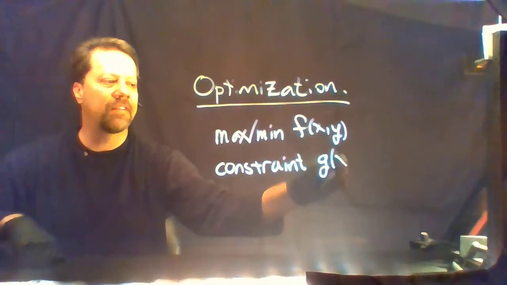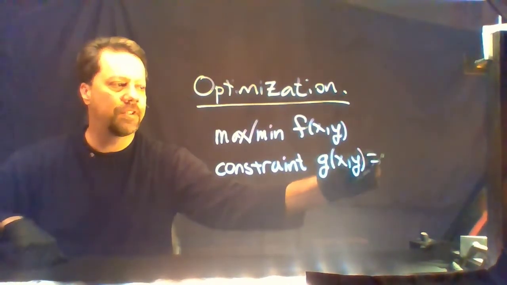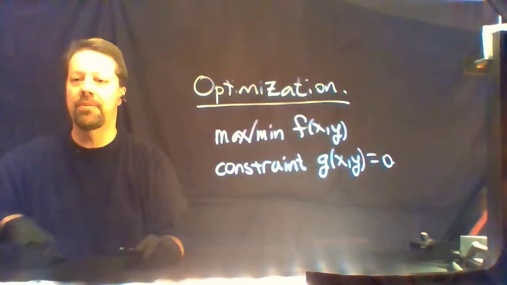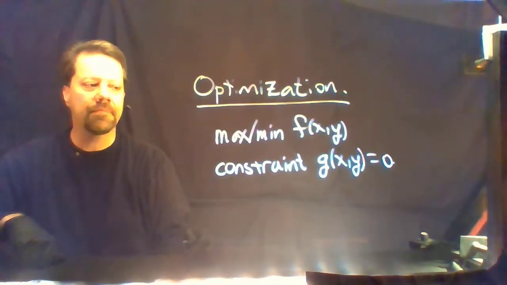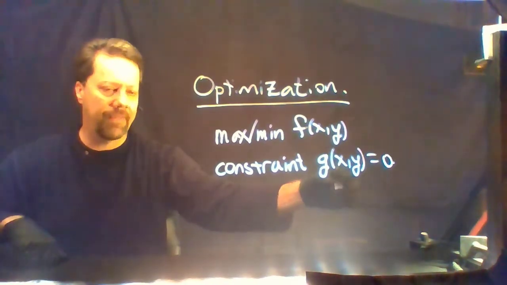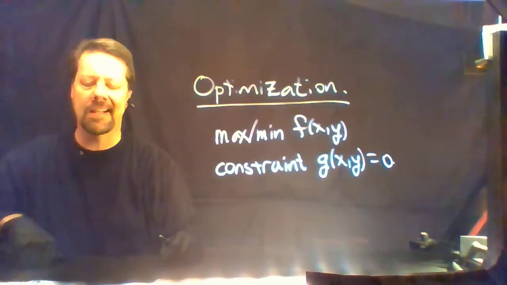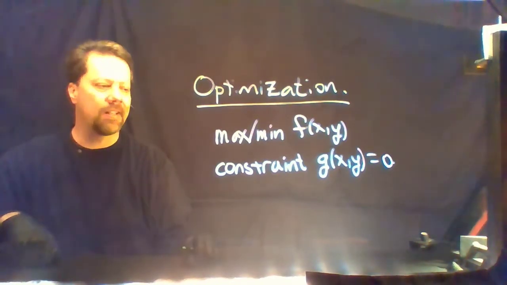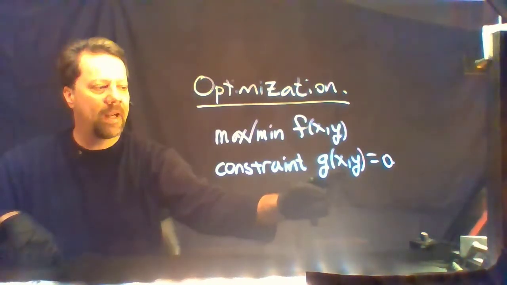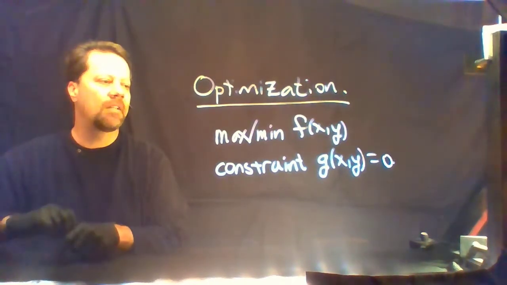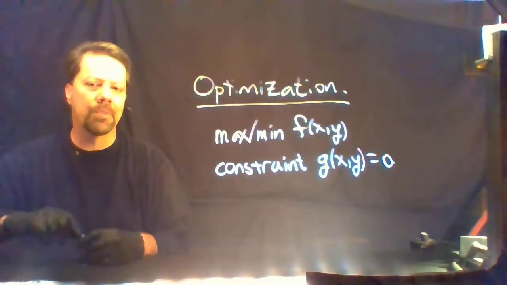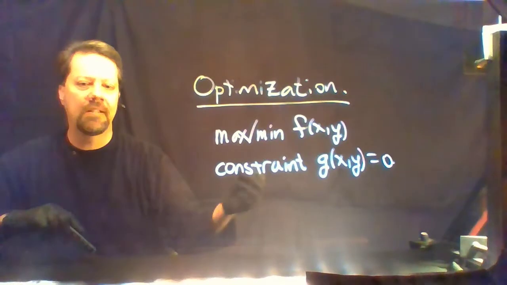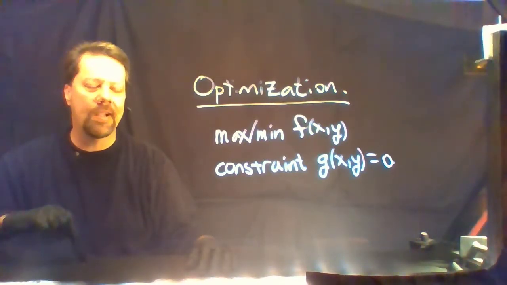The constraint will take the form of a function equal to, say, 0. If you have an equation, you can always move everything to one side and get 0 on the other. When I have an equation of this form, I can freely choose one of the two variables, but the other variable will have a value determined by the equation itself.